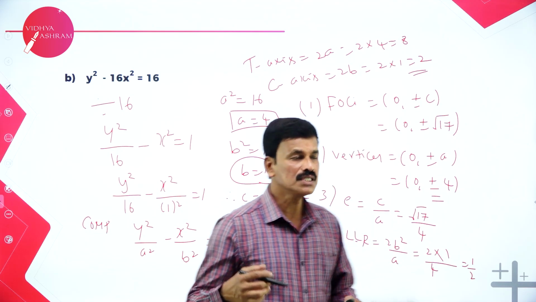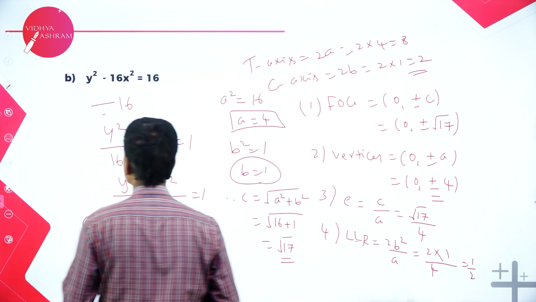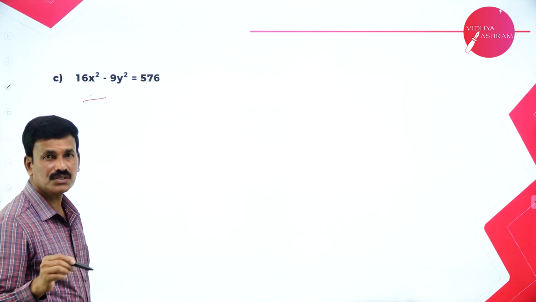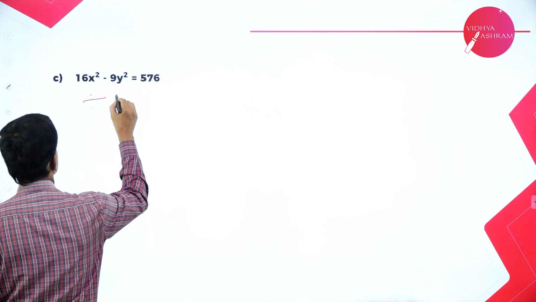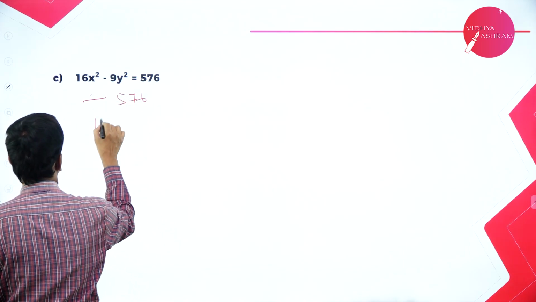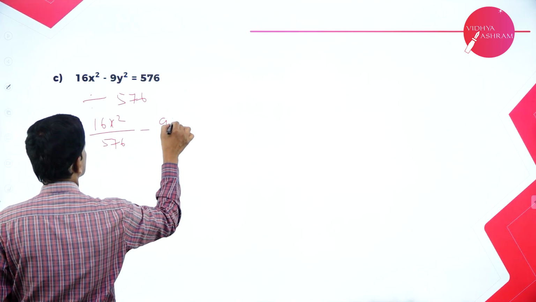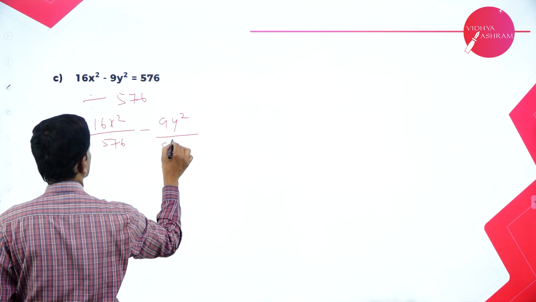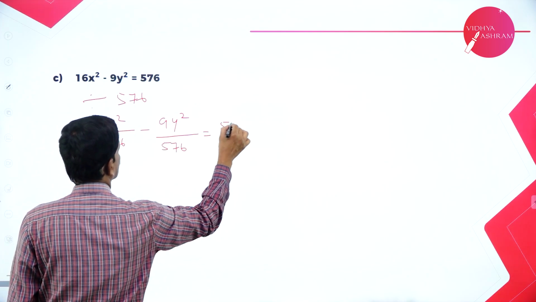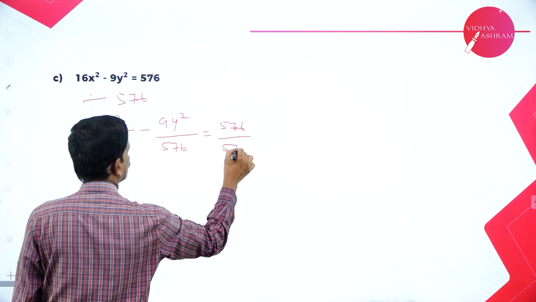Now, by knowing this, let's move on to a similar type of problem. 16x square minus 9y square is equal to 576. Divide by 576: 16x square divided by 576 minus 9y square by 576 is equal to 576 by 576.